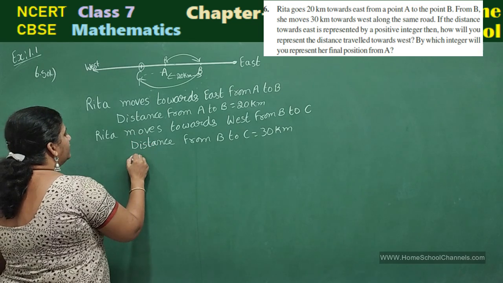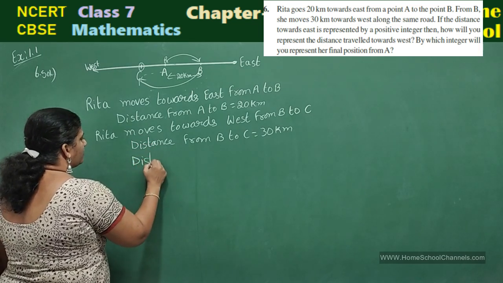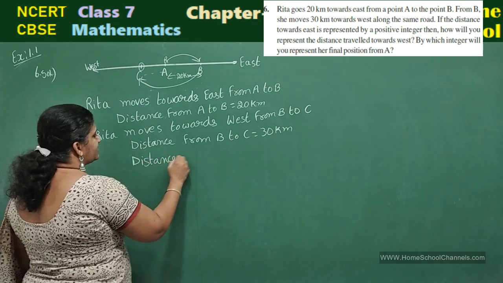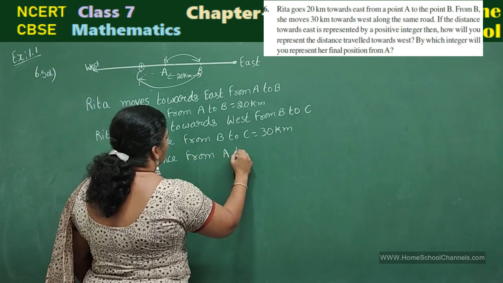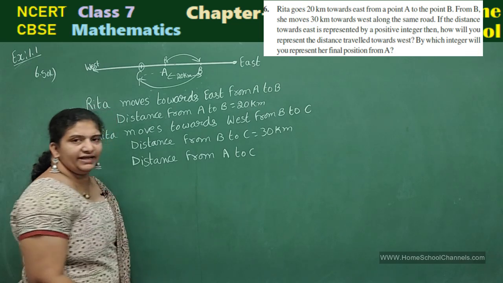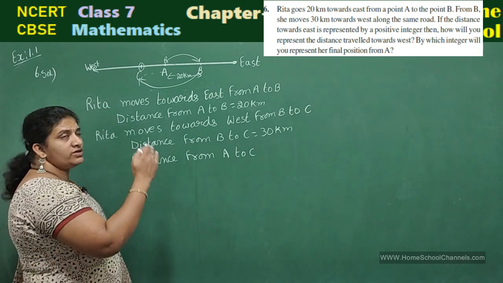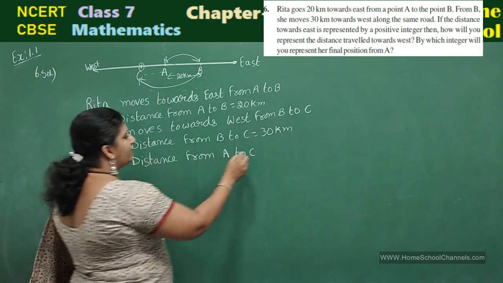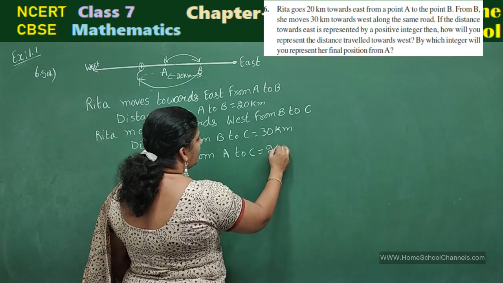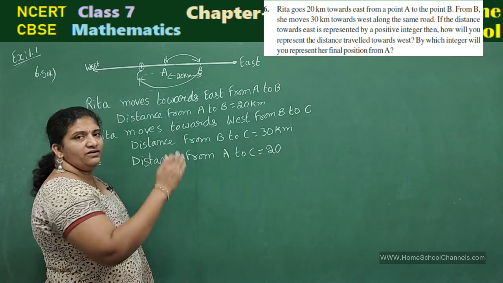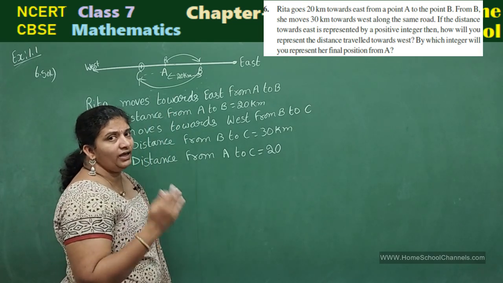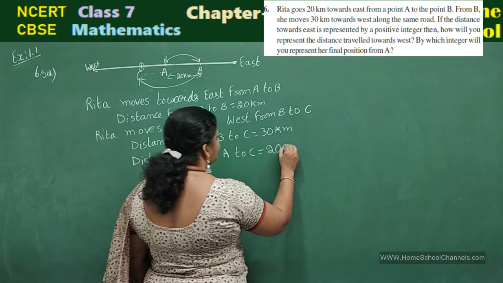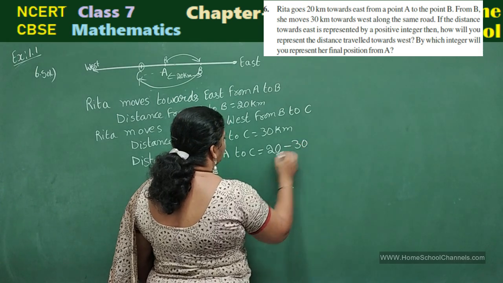So now calculate the distance from starting position to final position, that is A to C. When Rita is moving towards east, we are going to take it as a positive value 20, and when she is moving towards west, we are going to take a negative value, that is minus 30.